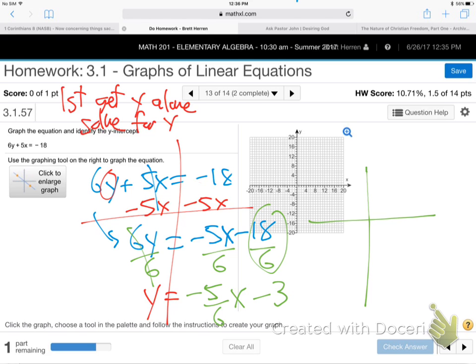Where do we start? Start down 3. It's always in the middle, huh? 1, 2, 3. Down 3. There's our first dot. And then how do you get from that first dot to your second dot?